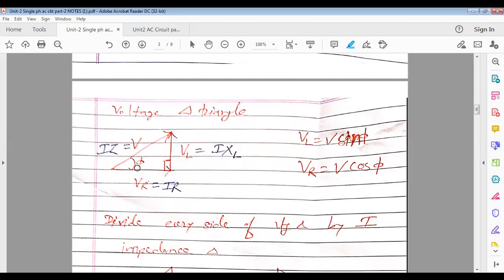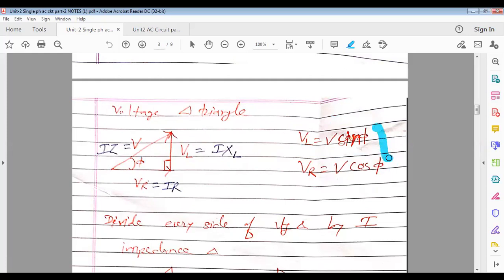Now if you take cos phi, that will be in terms of VR and V, right? So VR I can write as V cos phi. If you take sin phi in this triangle, then it will be VL by V. So you can write VL as V sin phi.